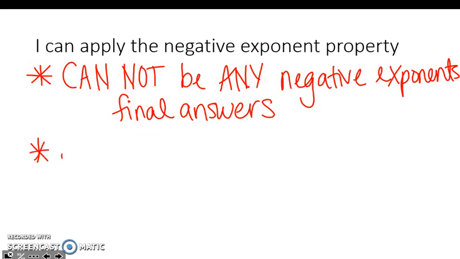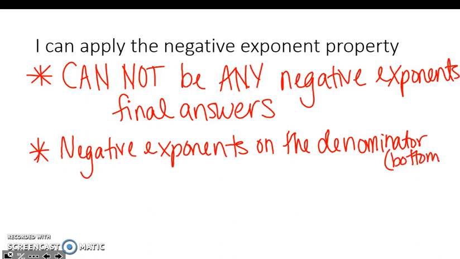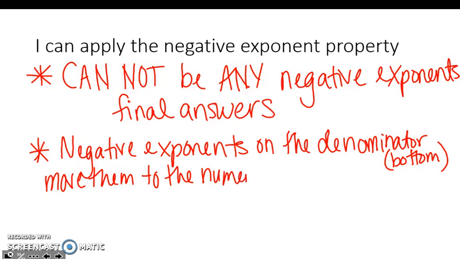All right. So if there are negative exponents on the denominator, which is the bottom of our fraction, we are going to move them to the numerator, or to the top, and turn them positive.